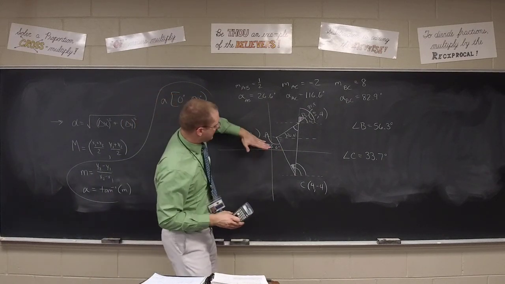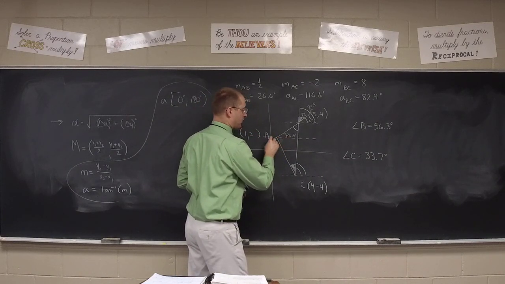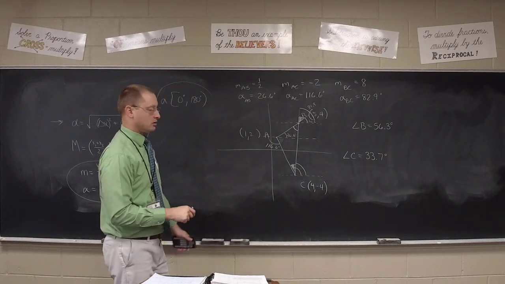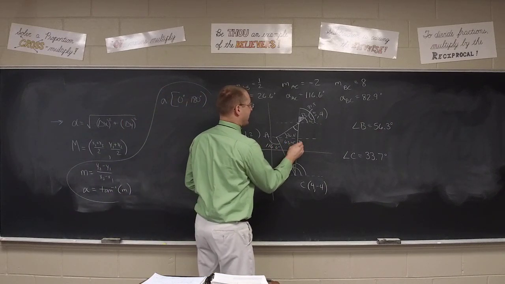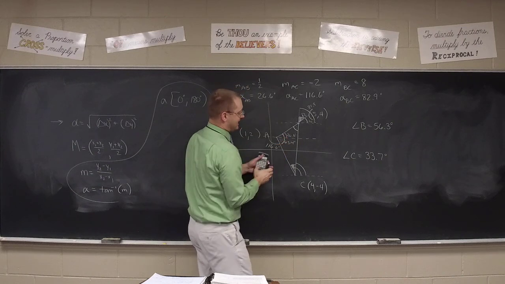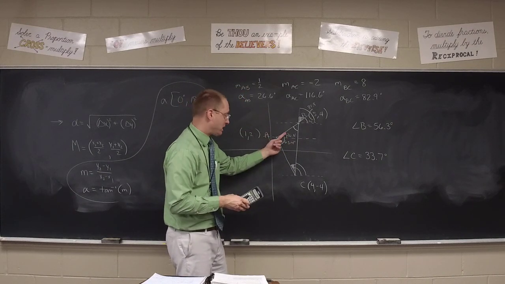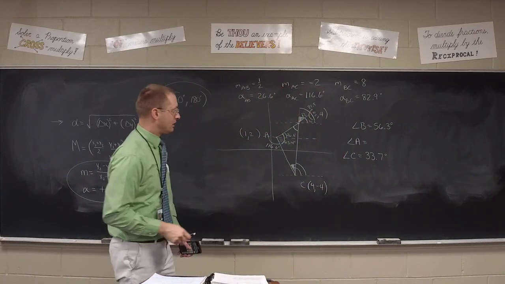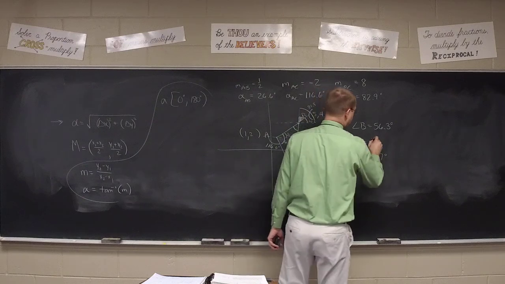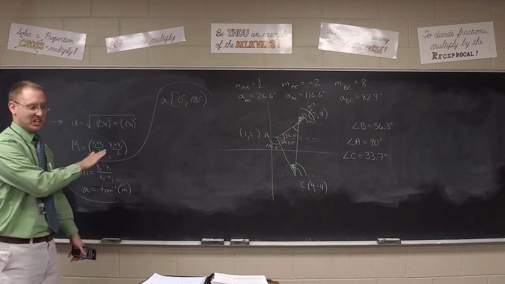Oh, we got 116.6 here. How much would be left to finish the straight angle? 63.4. 63.4. But we understand that the angle at A is actually the 63.4 leftovers from the 116.6 and the 26.6. So how big is angle A? 90 degrees. Exactly 90 degrees. That's interesting. We're going to come back to that idea here in just a moment.